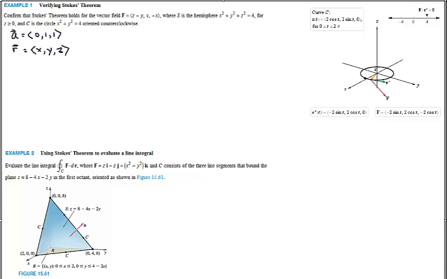And we're going to parameterize this in polar coordinates, and that would mean my r of t is going to be 2 cosine t, and then 2 sine t, and our t is going to be between 0 and 2 pi.